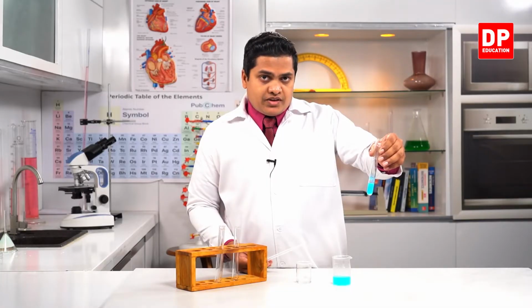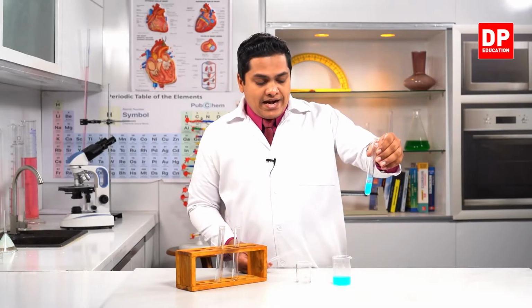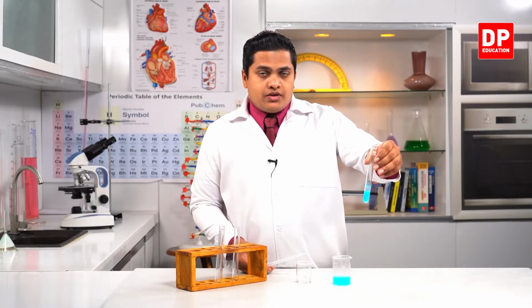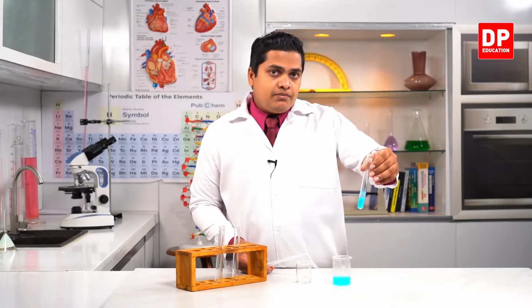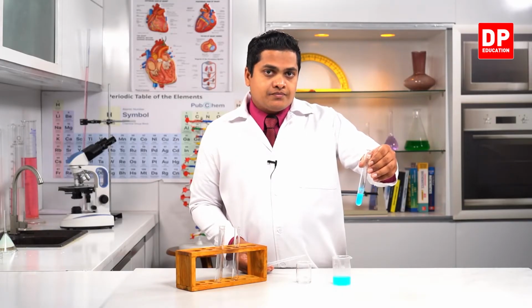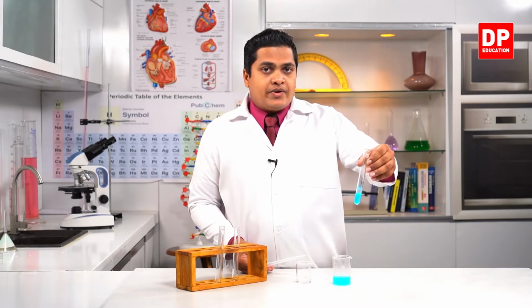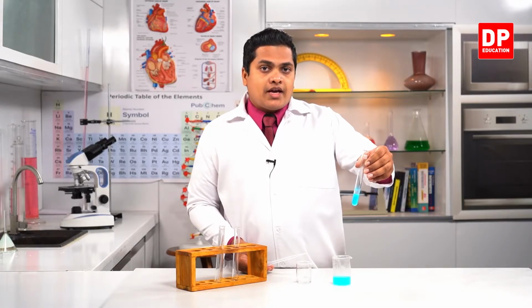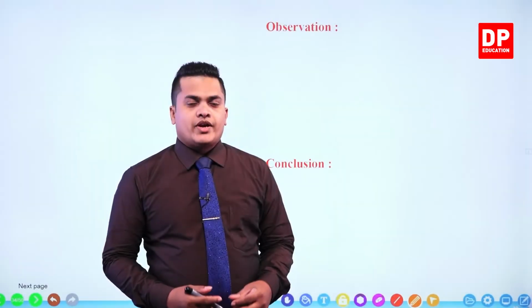So when adding sodium hydroxide to a copper sulfate solution, we can observe a light blue color precipitate. Like in the previous activity, here a precipitation has occurred. If a precipitation occurs, it means this reaction is a chemical reaction, or a chemical change. Right, my dear children.